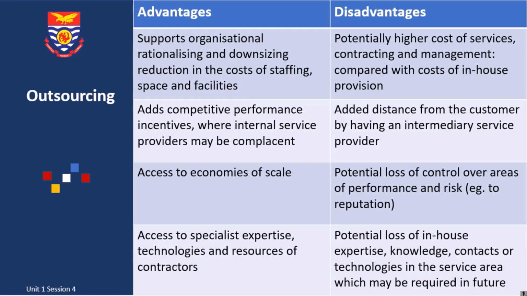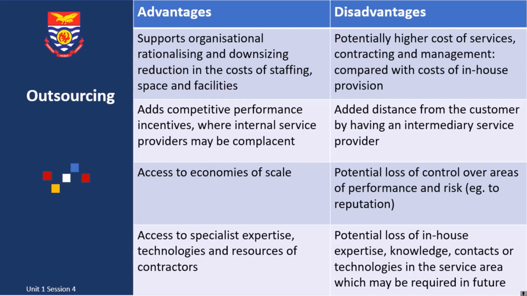Another advantage is that it enables access to economies of scale, given the rigorous supplier selection process, which ensures that the best supplier is selected for the process. However, a downside is that there is the potential to lose control over areas of performance because the external service provider comes in with their own management and their own bureaucracies, which might impede on the focal firm's activities.